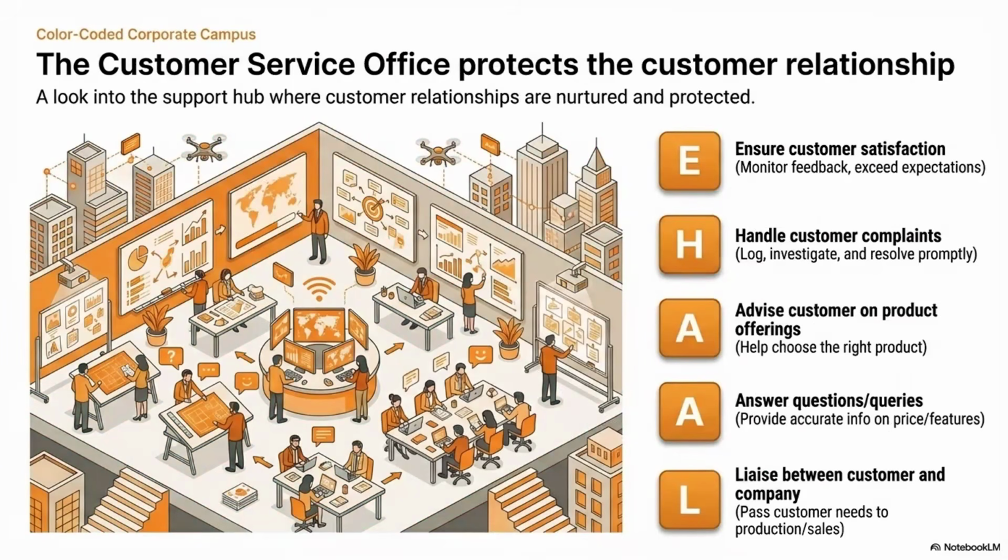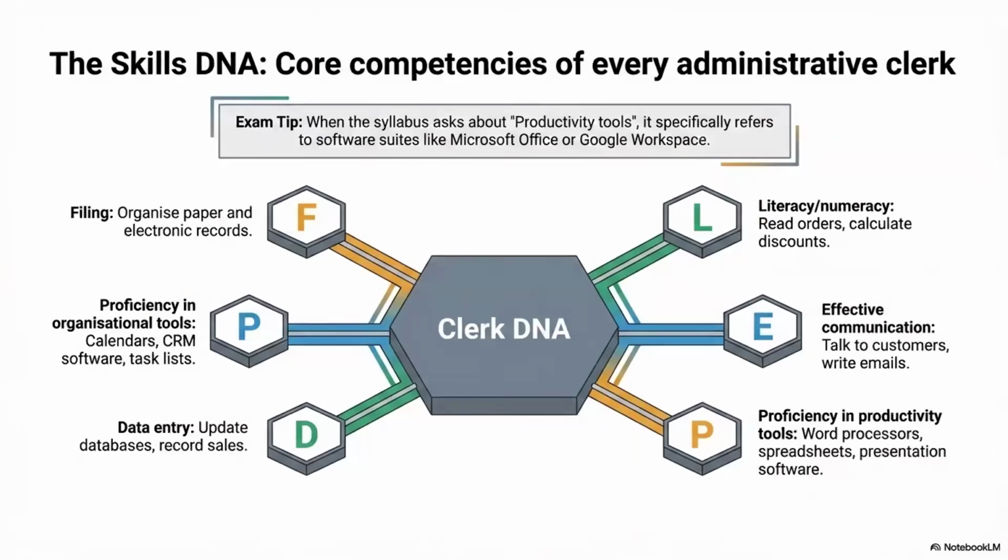So use that to try and help you remember which function is for which. Marketing is how you get any information to customers. Sales is the actual transaction. Customer service, the relationship between the business and the customer. Right.